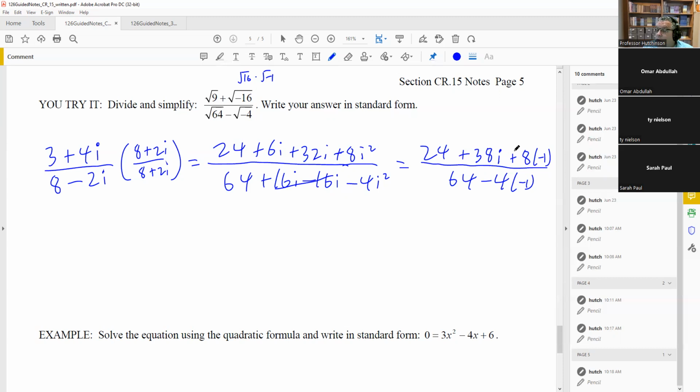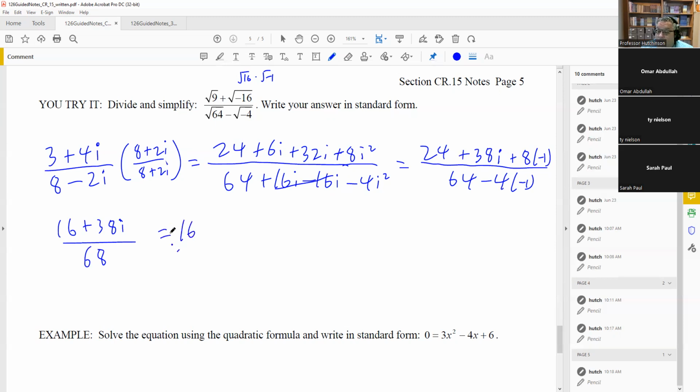Now we have 24 minus 8. Okay, so we get 16 plus 38i. And then we have 64, that's going to be plus 4, so we get a 68 that's here.